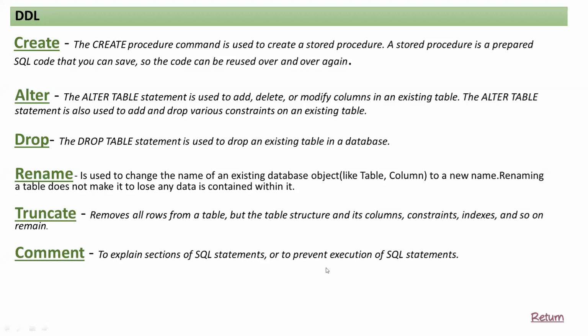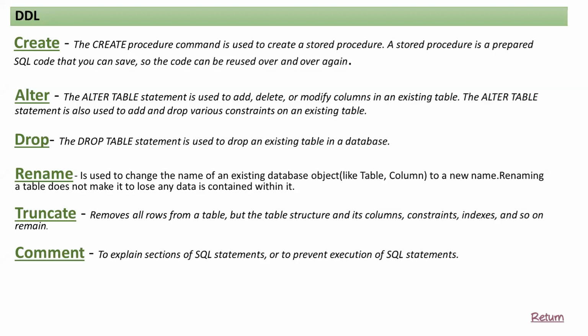Other is alter. The alter table statement is used to add, delete, or modify columns in any existing table. The alter table statement is also used to add and drop various constraints on an existing table, wherever you want to use it. Drop, on the other hand, the drop table statement is used to drop an existing table in the database.